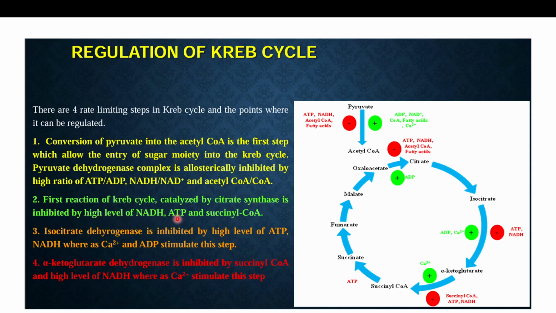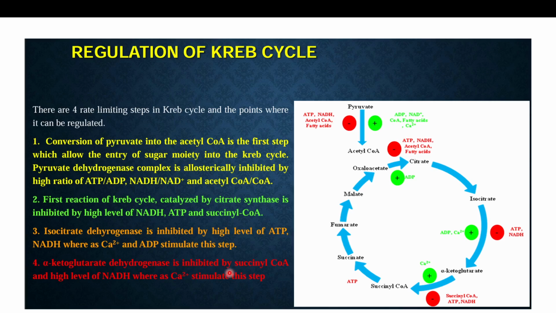It is inhibited by high levels of NADH, ATP, and succinyl coenzyme A. Okay. The third is isocitrate dehydrogenase, which is again inhibited by high levels of ATP and NADH, whereas Ca2+ and ADP actually stimulate this particular step.